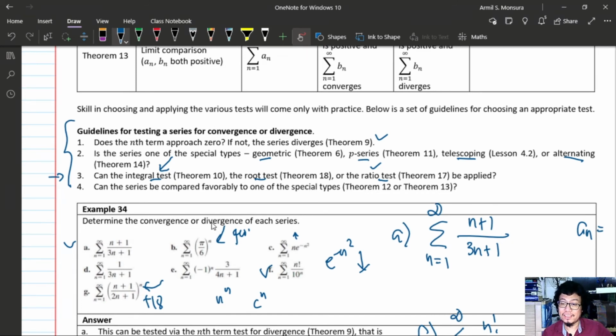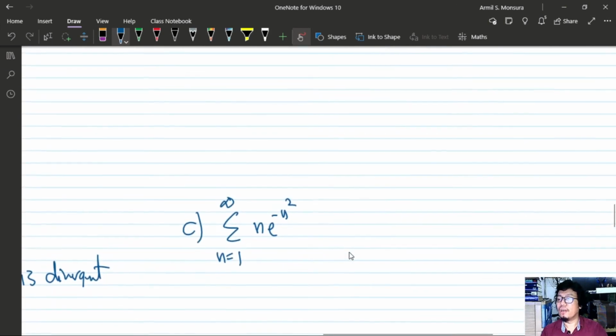It would seem the more logical test that can be used in this given series, because you will not be able to use the root test, since this is just an exponential. And the ratio test might work, but might be difficult to deal with. So let's try the integral test here.